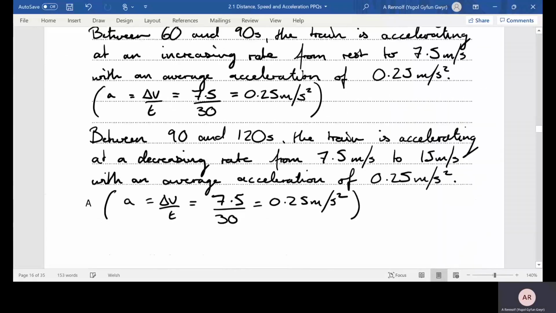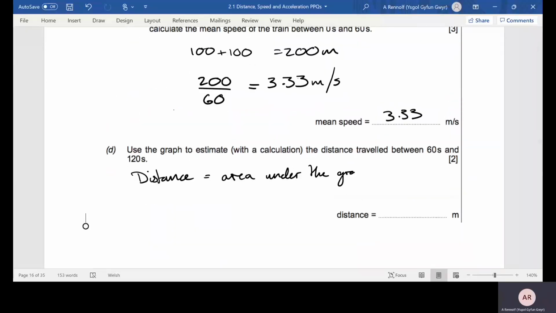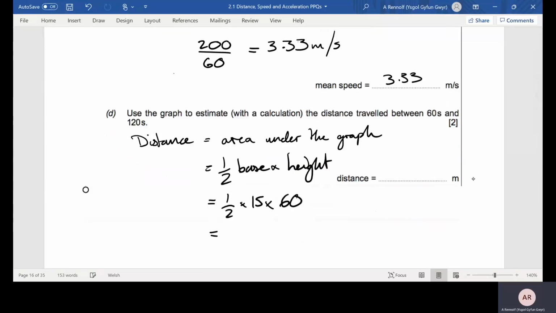And then it's just a matter of GCSE maths, remembering that the area of a triangle is half base times the height, which is half times 15 times 60. I know I've got those the other way around compared to the word equation, but that doesn't matter. And that gives us a value of 450 meters. So that's the distance traveled there.